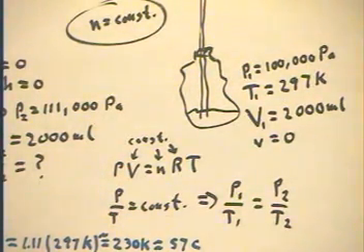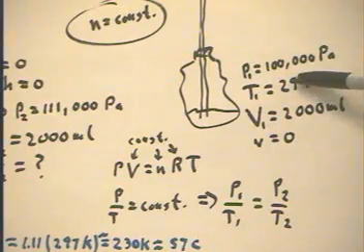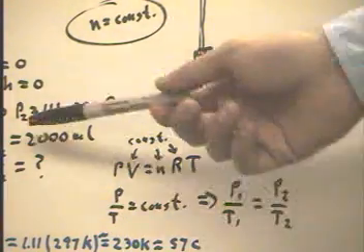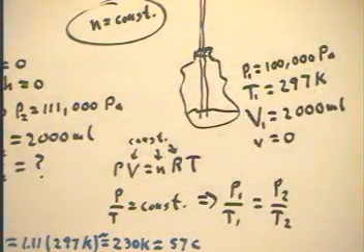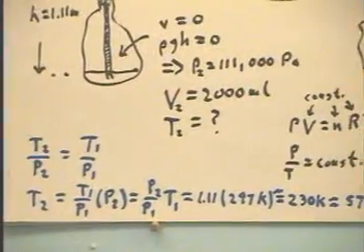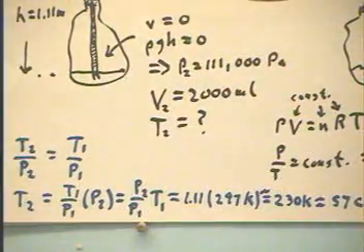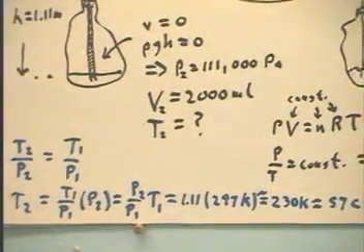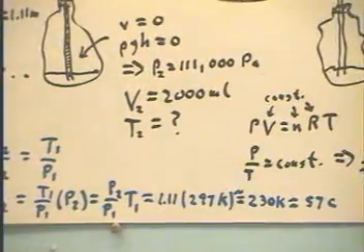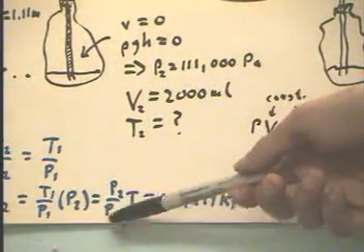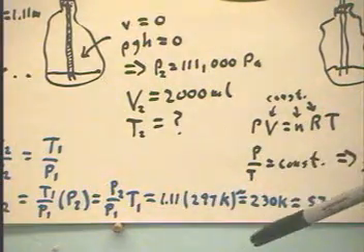Then using temperature T1 297, pressure P1 100,000 pascals, pressure P2 111,000 pascals, we can easily determine T2. Solving this relationship for T2 and plugging the numbers in, the pressure ratio is 1.11.